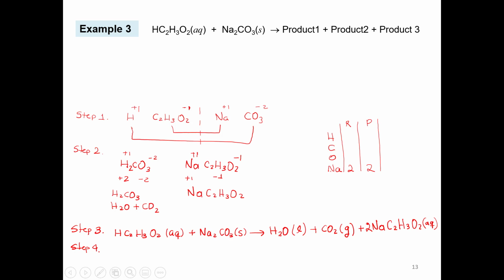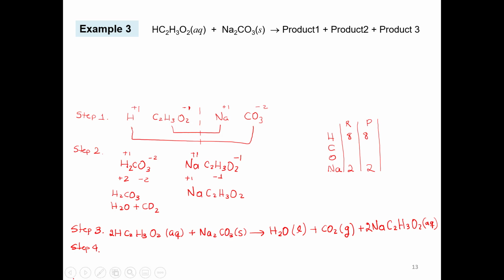We had 2 here, and we had 2 times 3 is 6. 2 plus 6 equals 8. And we had 4 here. Then to get 8, we need to multiply the whole molecule by 2. Then 2 times 4 is 8. 2 plus 6 is 8. Then we had the same number of hydrogen on both sides of the equation.